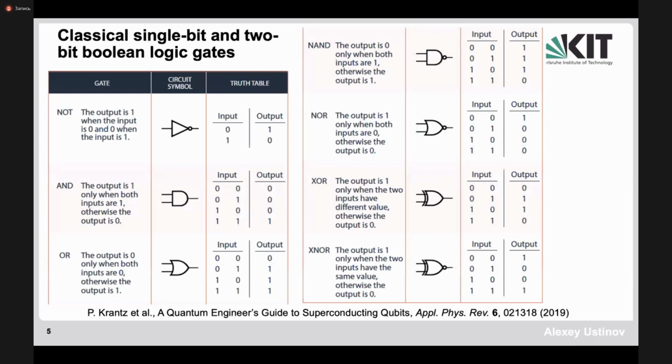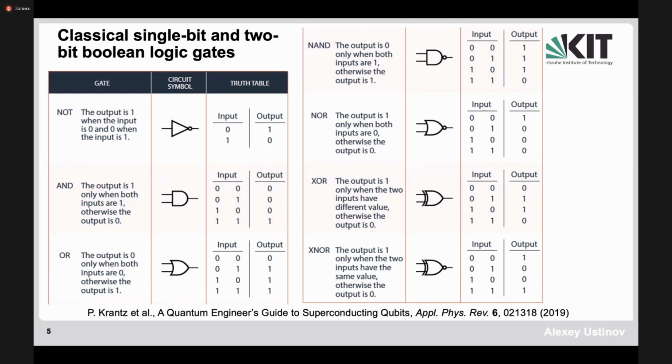Classical gates of a classical computer are shown here. These are the Boolean logic gates, something you know, of course, from the story about computing and electronics. There could be simple gates like NOT, simply inversion from 0 to 1 or 1 to 0. Now there are gates which are not reversible, the AND gate and the OR gate.